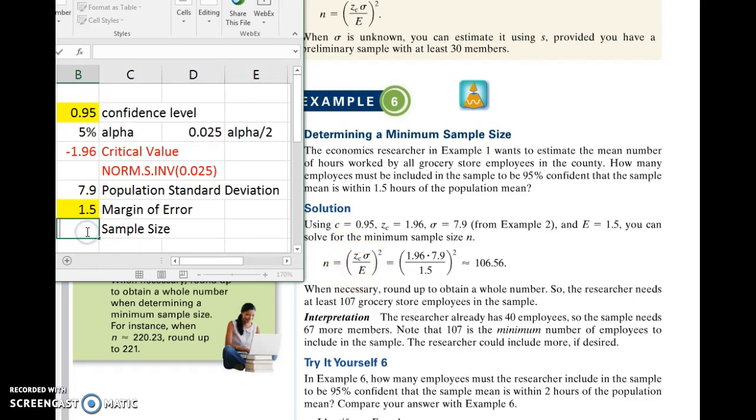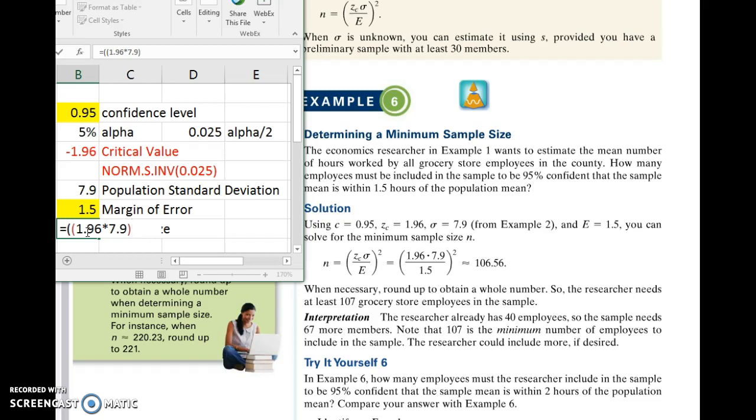So use your parentheses. You're going to want to do parentheses again so that you can capture the multiplication on top. So 1.96 times our standard deviation, which was 7.9.